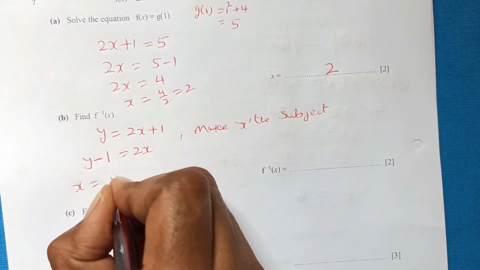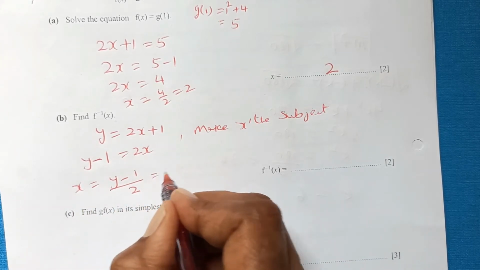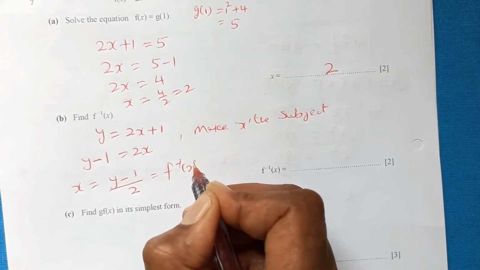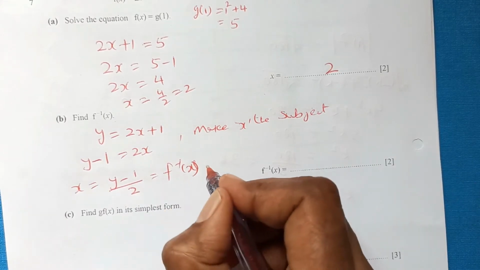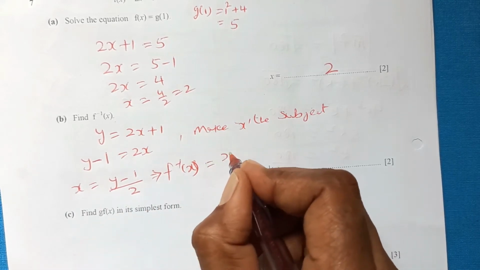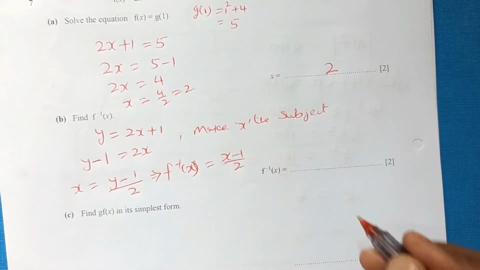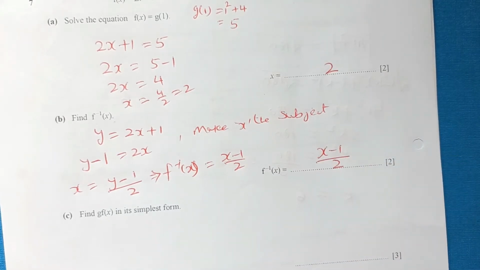So x will be (y minus 1) over 2, which is f inverse x. It should be in terms of x, so we can just replace this y by x. So (x minus 1) over 2 is the value of f inverse x.